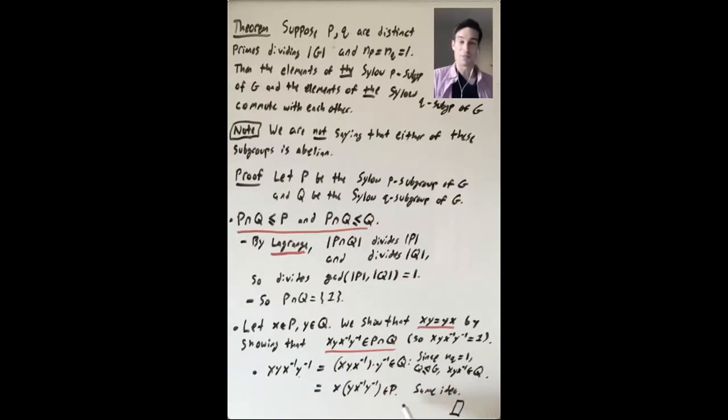The Sylow p subgroup P is normal in G. So that means you conjugate any element inside P by any element of G, and you stay in that subgroup P. So x inverse is in P, and yx inverse y inverse also stays somewhere in P. So we have something in P times something in P. So this product is in P. So now that we see that it's in Q and it's in P, that means that this product is trivial. So these elements commute.